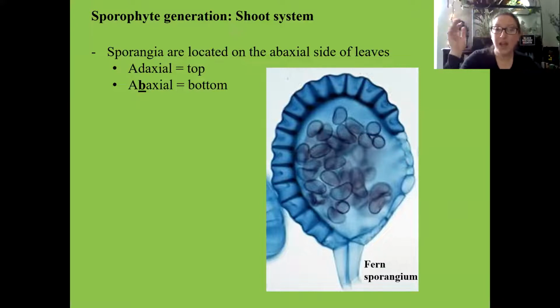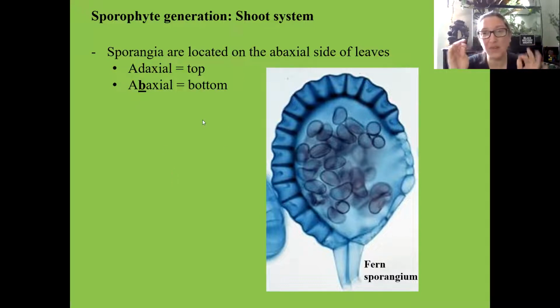Now we're in the ferns, and the sporangia are back on leaves. This time they're going to be on megaphyll leaves, right? And in the ferns, the sporangia are going to be located on the bottom side of the leaves.